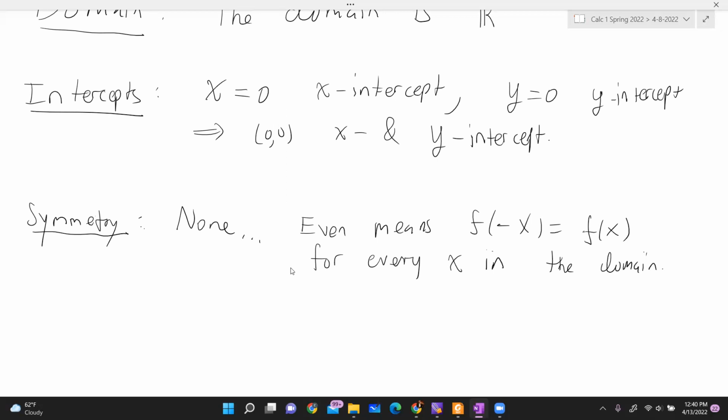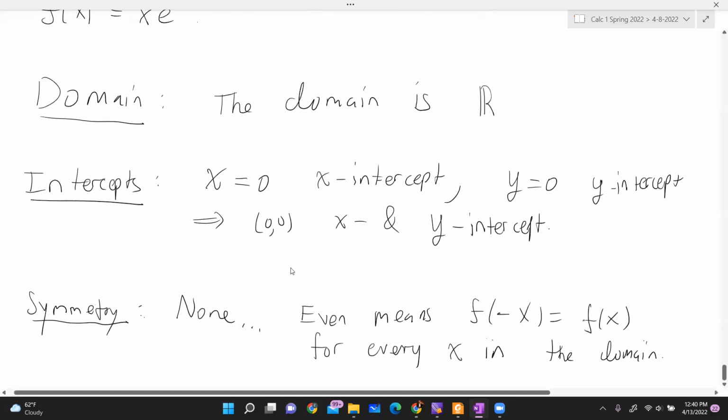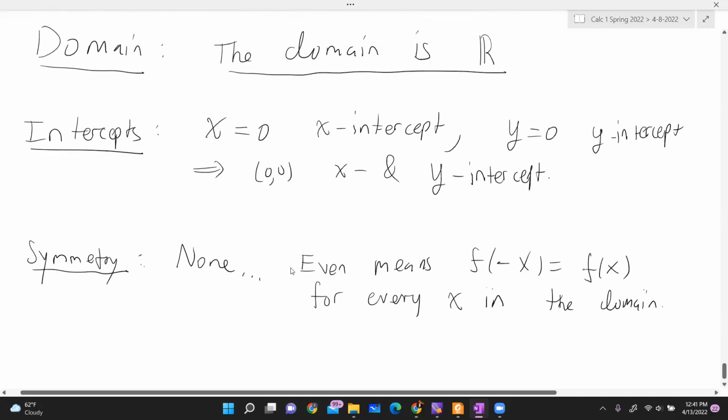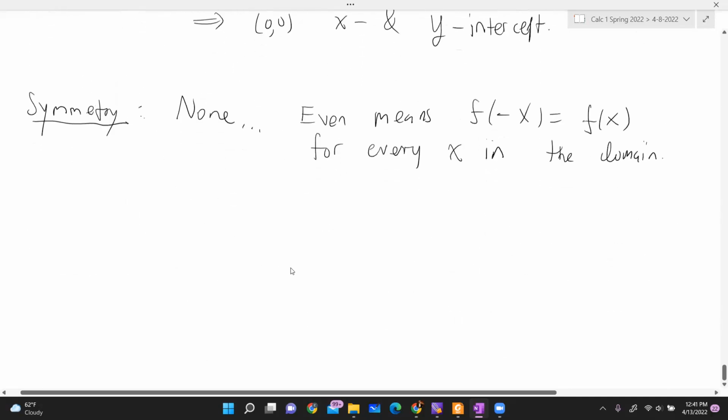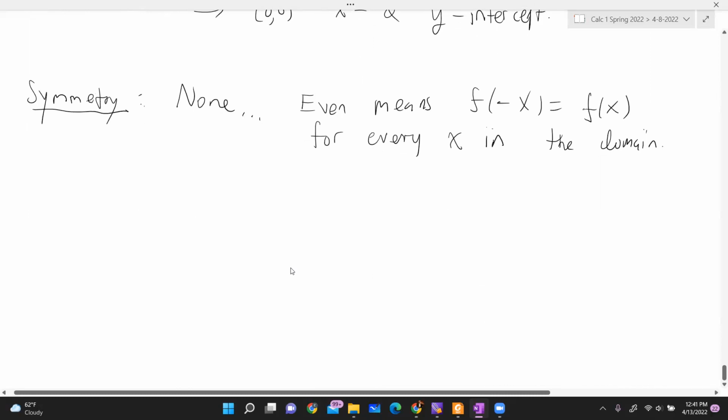And actually for functions to be even or odd, the domain has to be symmetric about 0. Otherwise this equation doesn't make sense. You need that if x is in the domain, then negative x is in the domain. So in this case, our domain is symmetric because it's the whole real line. It is symmetric about the origin. So it makes sense to ask whether it's even or odd.